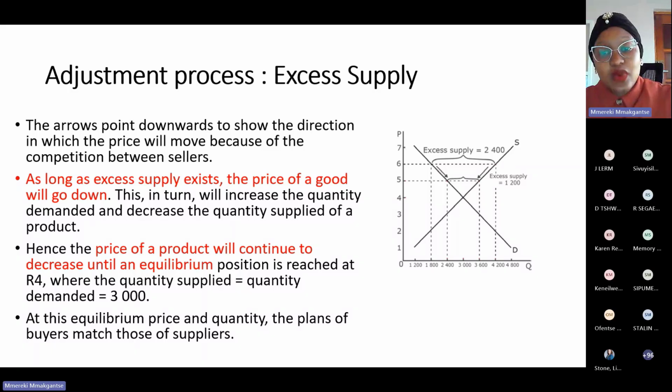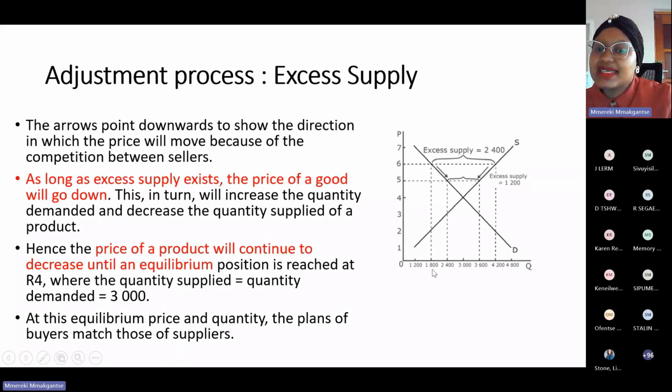This in turn will increase the quantity demanded. Let's look at our excess supply. At R6, the quantity demanded was 1,800. If you look at R5, because the price goes down, the quantity demanded is 2,400.